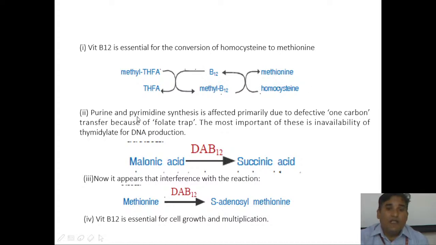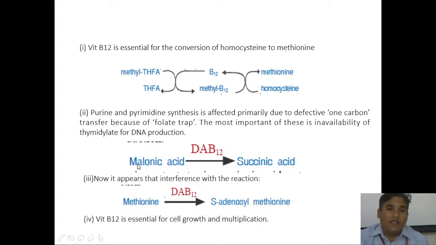And purine and pyrimidine synthesis is affected primarily due to defective one carbon transfer because of the folate trap, because of the deficiency of folate. And the most important of these is the inability to produce thymidylate for DNA production.